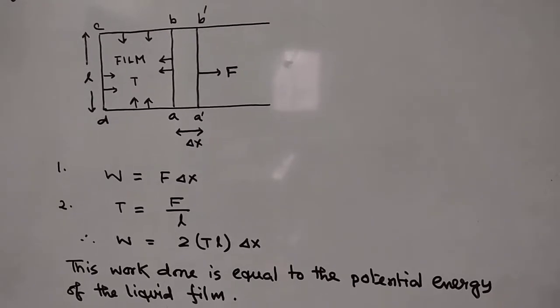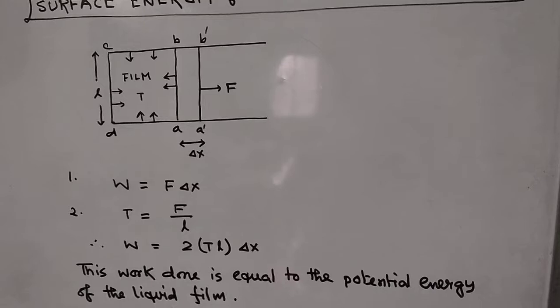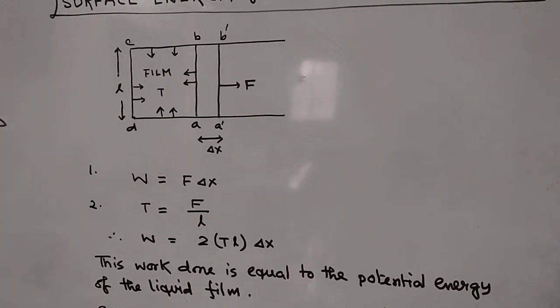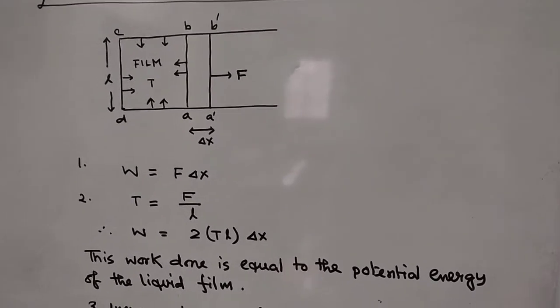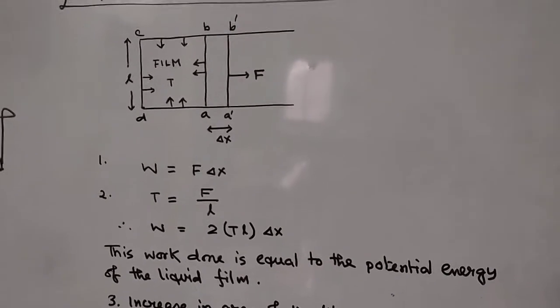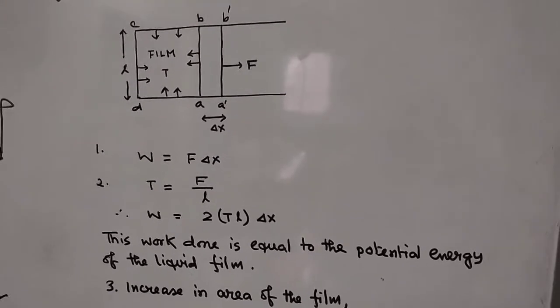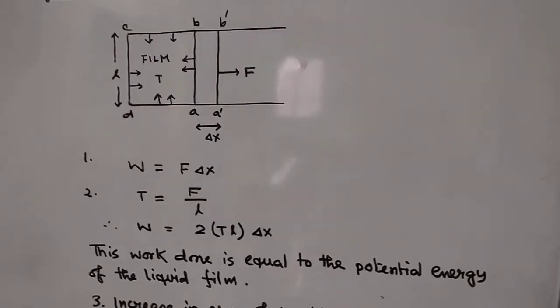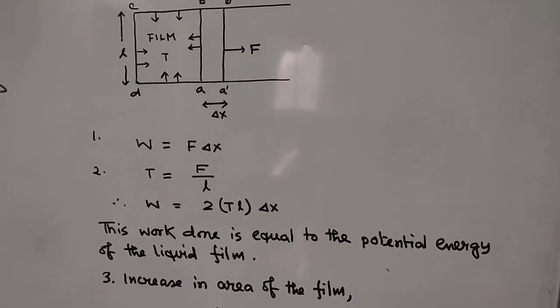As the film has two surfaces, the surface tension force will be twice. Whenever there is surface tension, we have to see the number of surfaces. As the number of surfaces increases, the tensional force also increases. So W equals 2TL delta x.